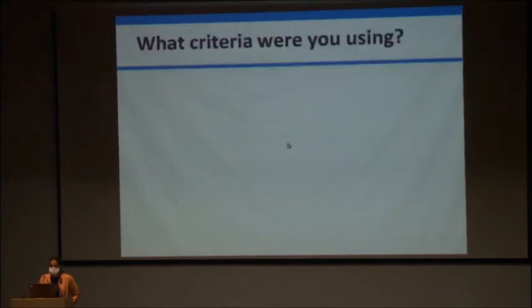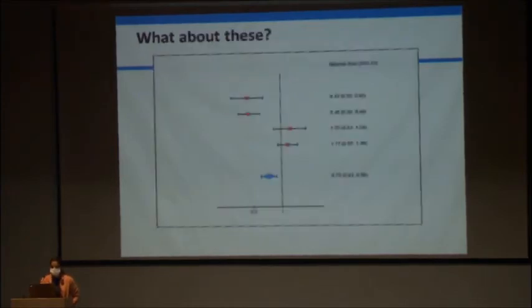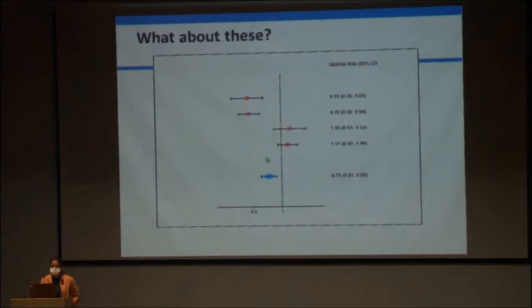Okay? So the criteria that we're using is, first of all, how close are the point estimates? So you'll see here that the point estimates are quite close. If you run a skewer through this, you'll be able to sort of overlap all of those confidence intervals.